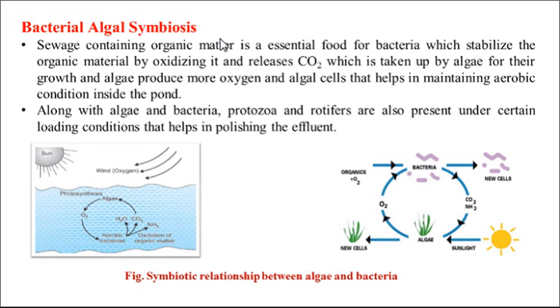So see, in case of oxidation pond, the organic matter is food for the aerobic bacteria. So with the help of oxygen, the bacteria will decompose or oxidize the organic matter, and in this process they will release the CO2, and this CO2 is taken up by the algae, because algae is a plant and for its photosynthetic activity CO2 is required.